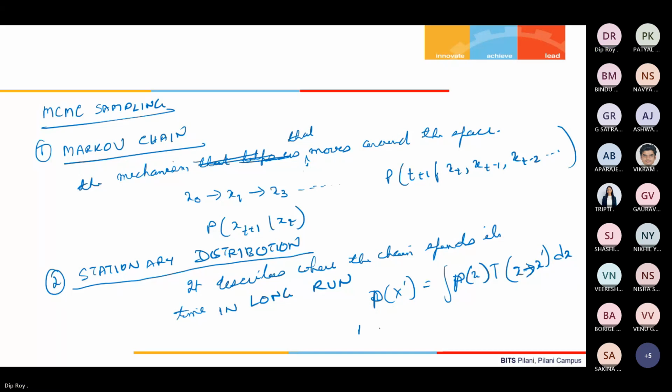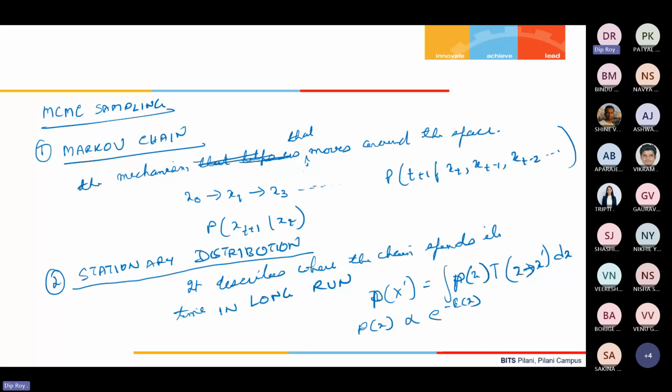Now, if we reach a stationary distribution for an EBM, your probability of x will be proportional to e^(-E(x)). So your distribution is going to mimic your true probability distribution. So the Markov chain is nothing but a mechanism that moves around the space.